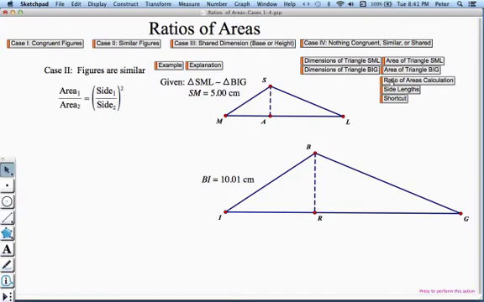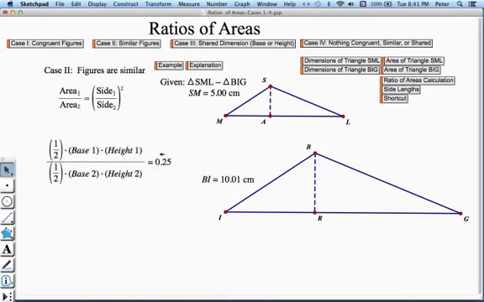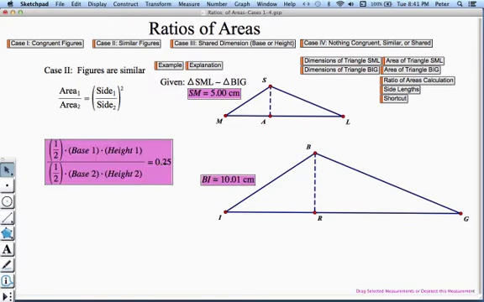So if I were to compare the ratio of their areas, you'll notice that the ratio of the smaller triangle to the larger triangle is 0.25. Now that might be a little surprising because the ratio of the sides is 1 to 2, but the ratio of the areas is 0.25, or 1 to 4. Why would the ratio of the sides be 1 to 2 and the ratio of the areas be 1 to 4?